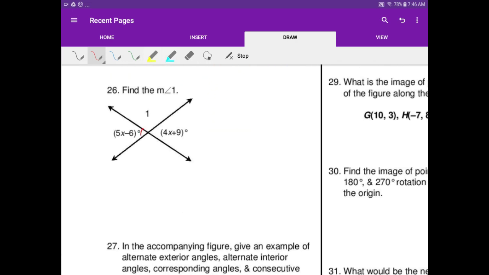Angle 1, these are congruent. So it's 5x minus 6 equals 4x plus 9. So subtract 4x, you get x minus 6 equals 9. And then x equals 15. So 4 times 15 plus 9.